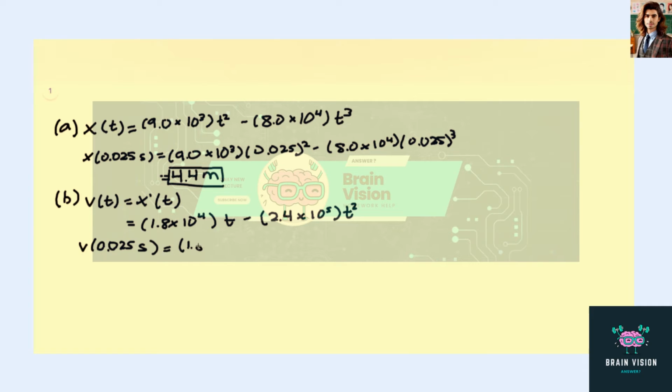So we have new coefficients now: 1.8 times 10 to the fourth multiplied by 0.025, and then 0.025 quantity squared. Plug that into a calculator, and we get exactly 300 meters per second. So these chickens are going fast.